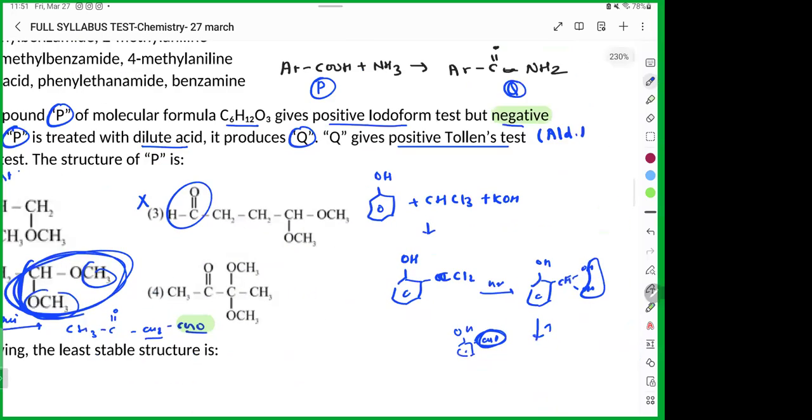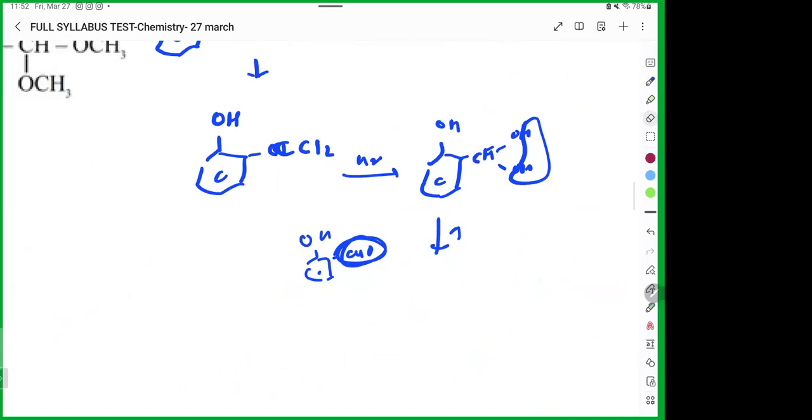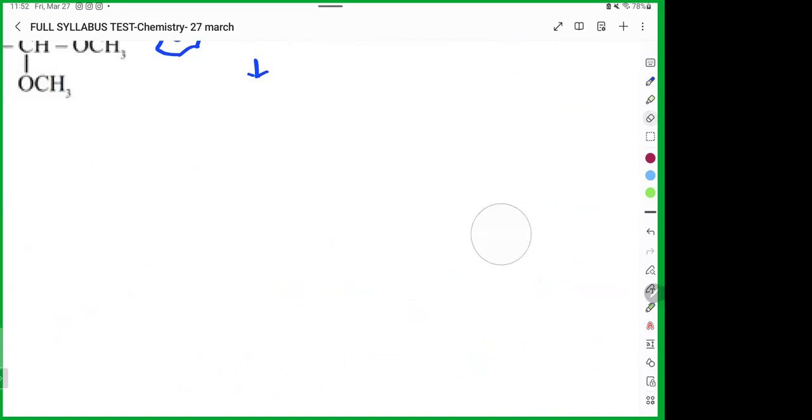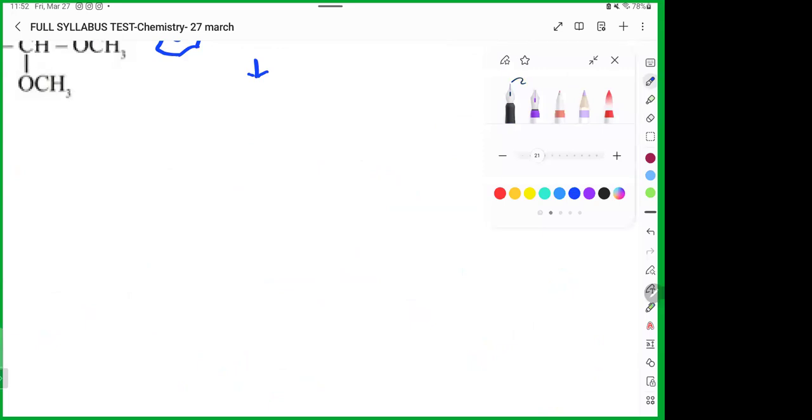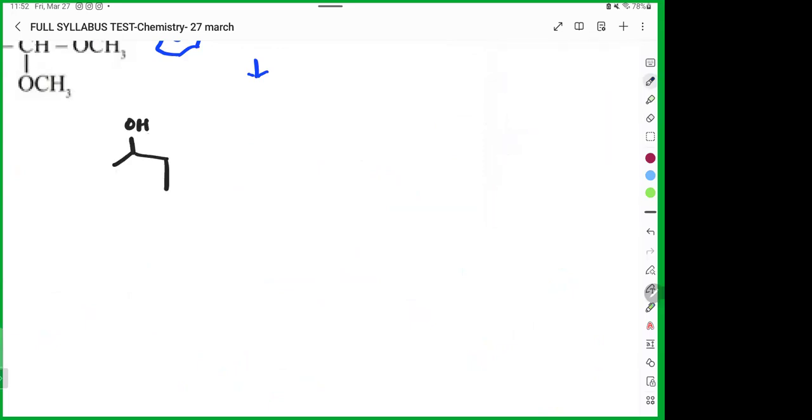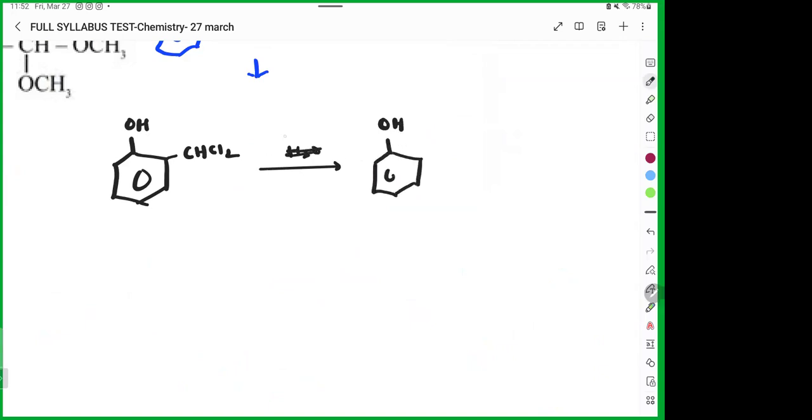What is special about Reimer-Tiemann in this case? I will write it again because you will get confused. In Reimer-Tiemann, you have CHCl2, correct? Then when water, or better NaOH, is added, Cl is replaced by OH.